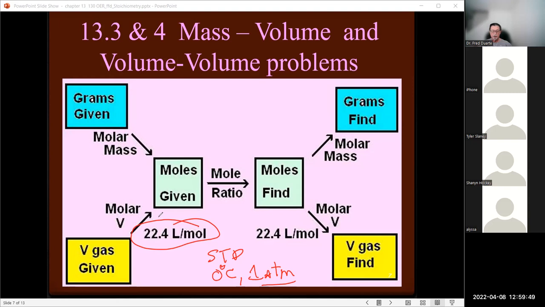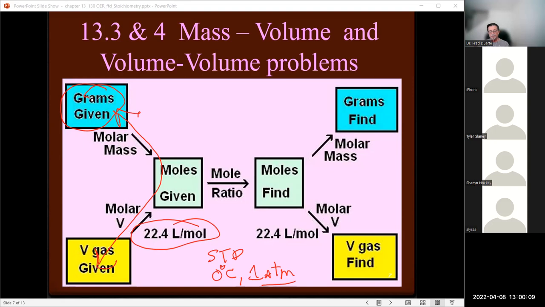The point being here that, following this chart, you could be given grams of some reactant and be asked to calculate the volume of a gas that is generated. So I can go from the top left to the bottom left, okay? Or vice versa, okay?